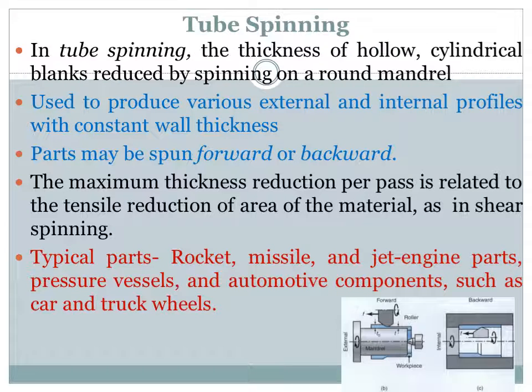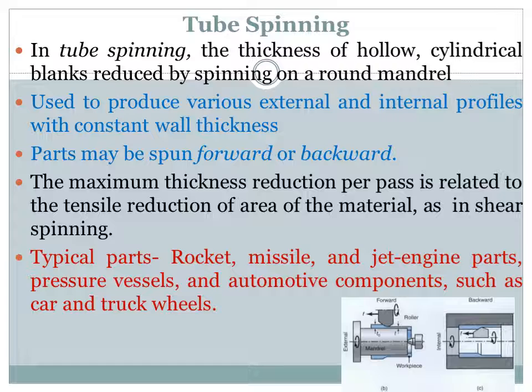Now we will pass on to tube spinning. Tube spinning is again a process very similar to shear spinning. Only thing, the wall thickness of the hollow tube is reduced to the required thickness. It can be an external operation or even an internal diameter can be processed by this kind of operation.